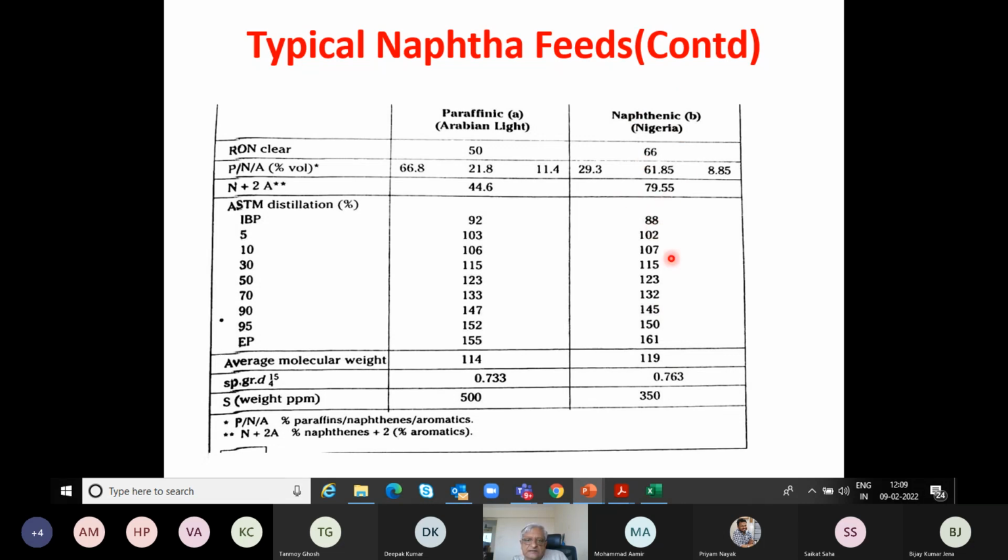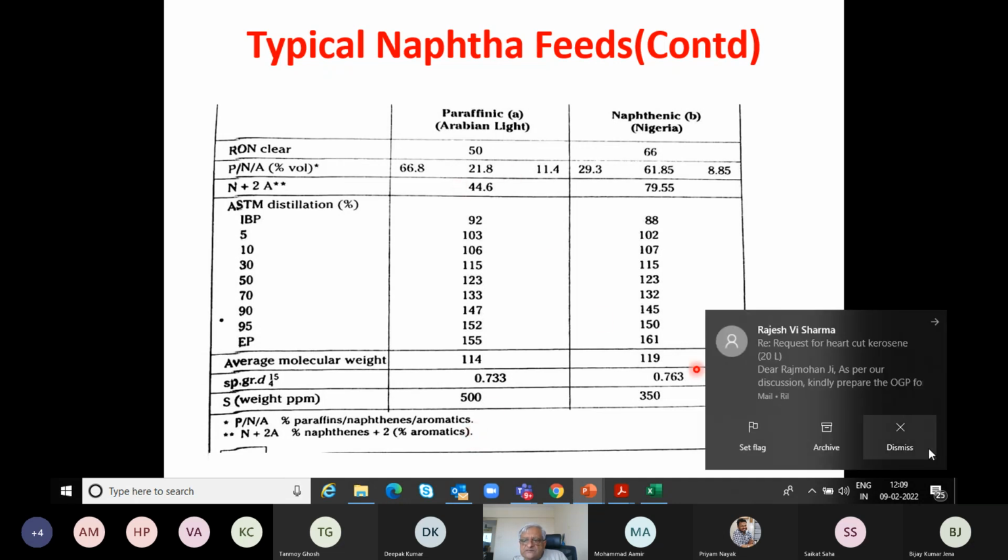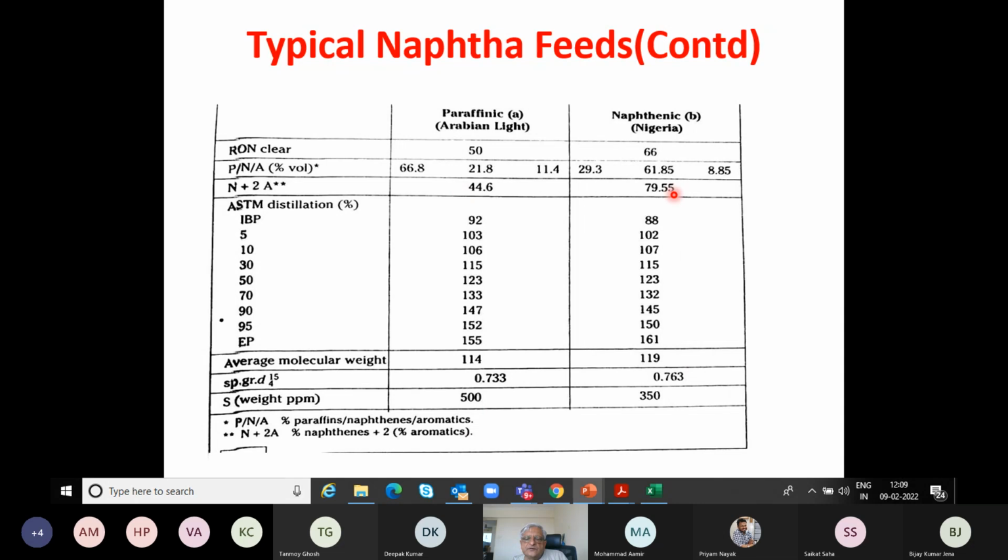So you can see that there is a certain parameter called N plus 2A, which is the percentage of naphthenes plus twice the percentage of aromatics. And this is a parameter by which you define the goodness of the feed for making a reformate. Like this is 44.6, while this is 79.55.